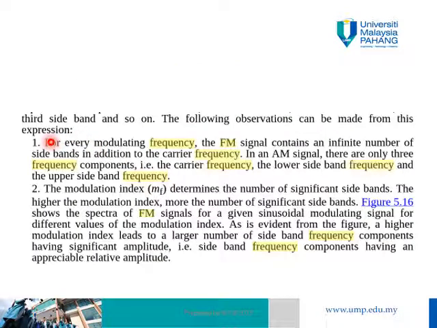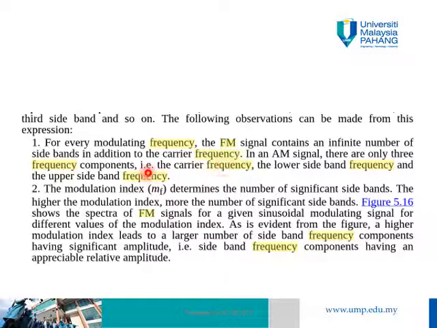The following observations can be made from this expression. Number 1, for every modulating frequency, the FM signal contains an infinite number of sidebands in addition to the carrier frequency.